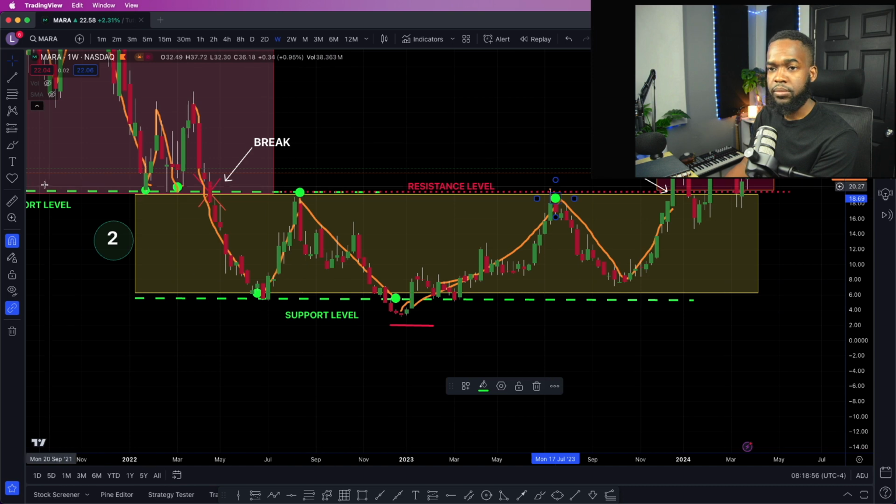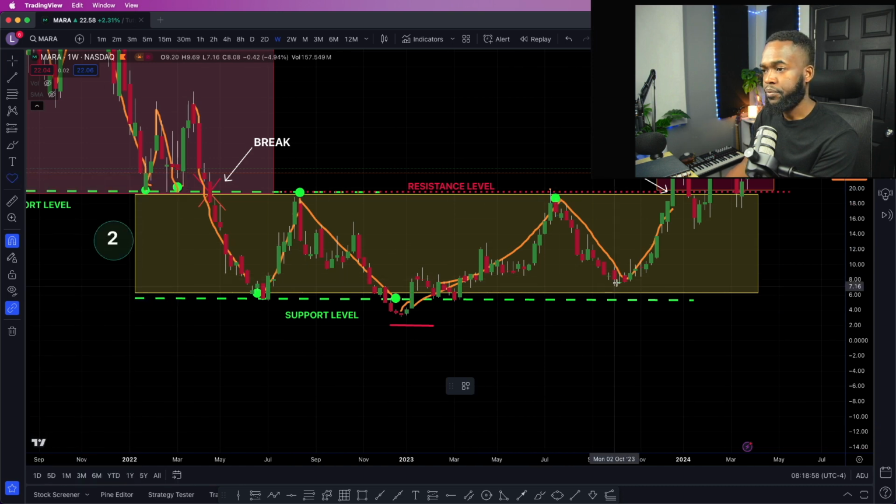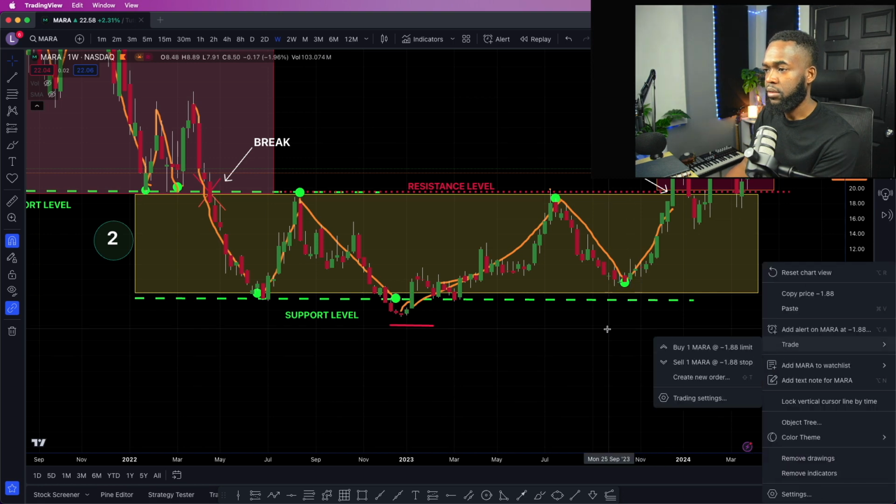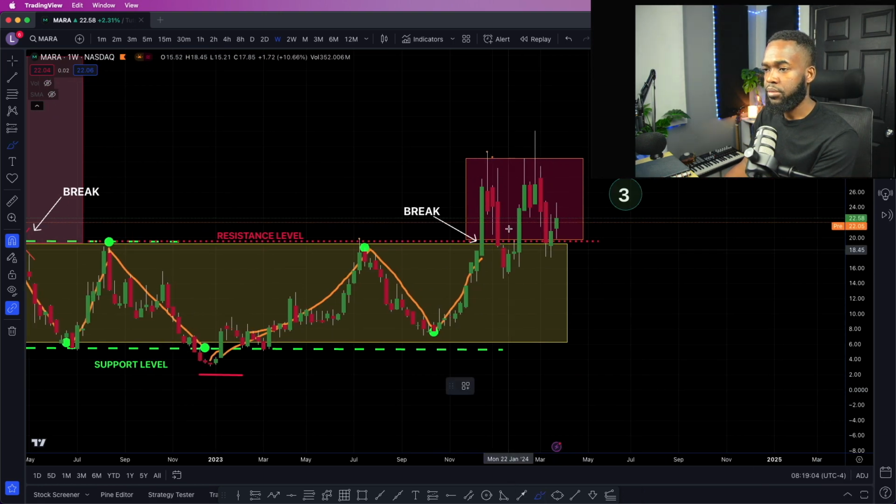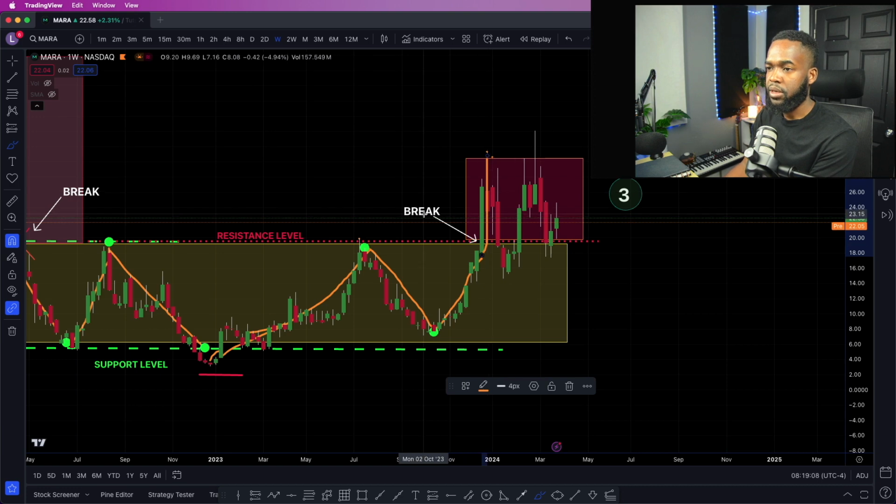And finally, price breaks this area. We mark this level. This is a break.